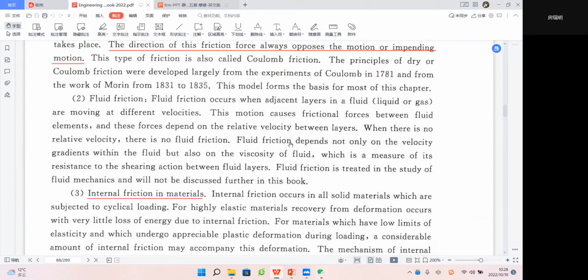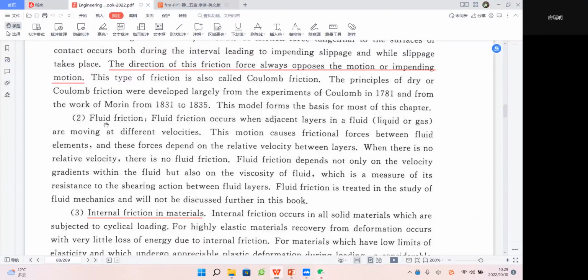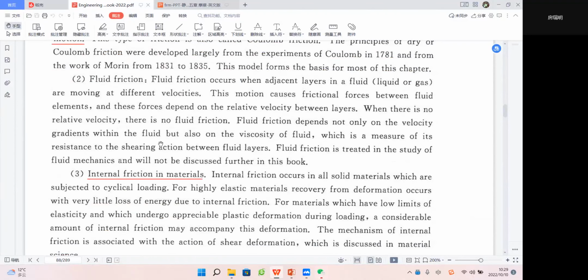Fluid friction depends not only on the velocity gradients, which is a mathematical terminology within the fluid, but also on the viscosity of the fluid. So anyway, you just need to know it is a kind of fluid friction. We will not talk about the deep concept of this.